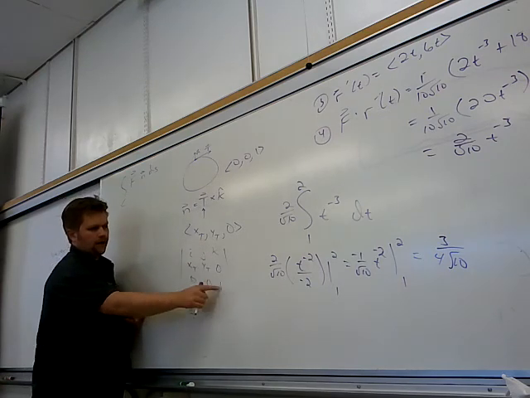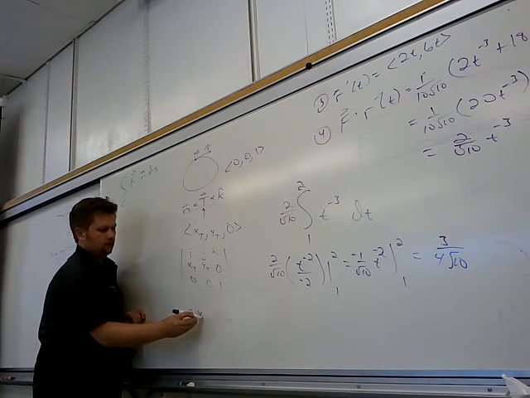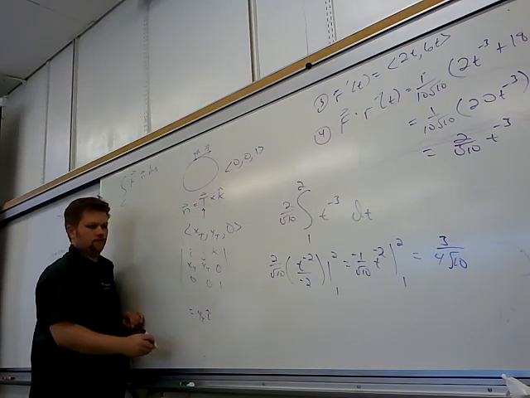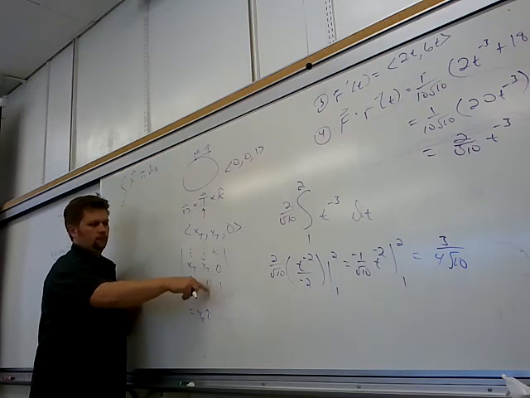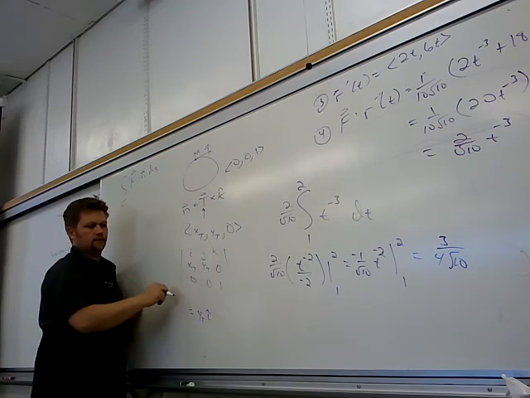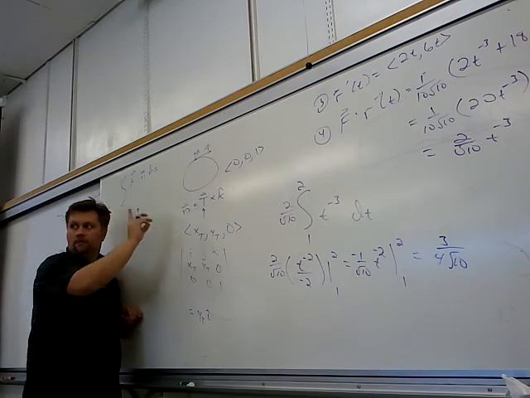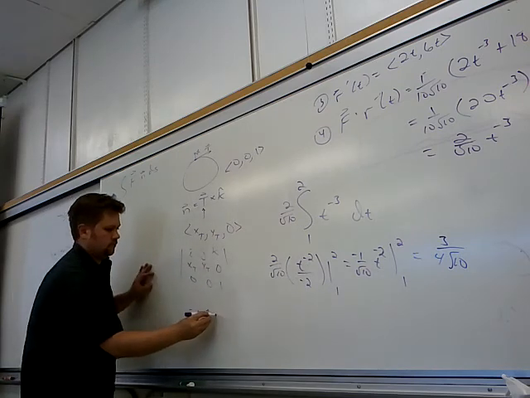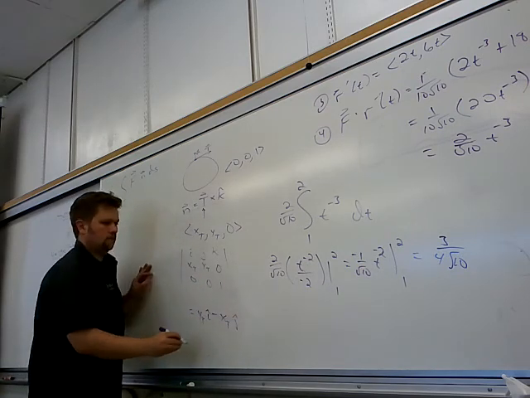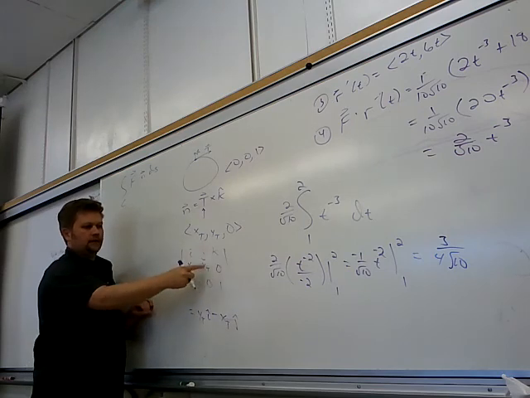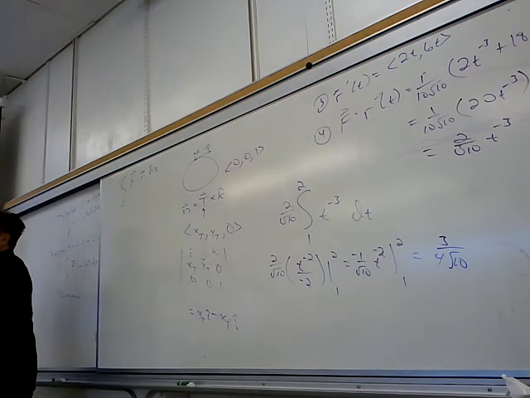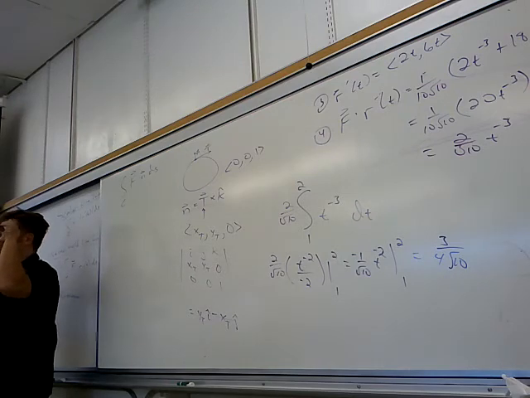So I get y(t) i, is that cool? Minus x(t) j, remember that? And of course, for the k, I'd get 0, which makes sense. It can't possibly be in the z direction at all to be orthogonal to something in the z direction.